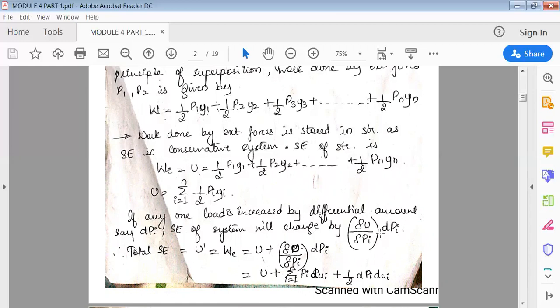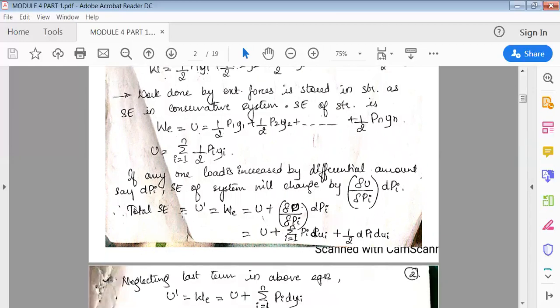So the new strain energy because of the increase in load is U plus dou U by dou Pi into dPi. Again differentiating, it is Pi into dYi plus half of dPi into dYi.